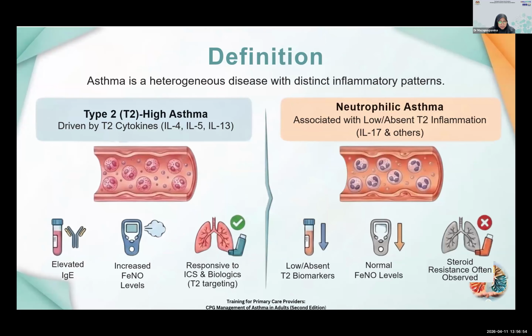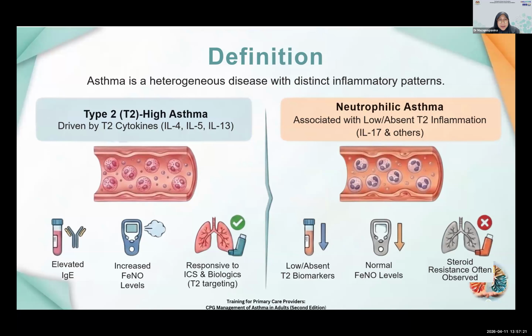First, the definition. What is asthma? Asthma is a heterogeneous disease with distinct inflammatory patterns. As we all know from undergraduate medical school and postgraduate education, the inflammation is divided generally into two. Number one is type 2, driven by the T2 cytokines.